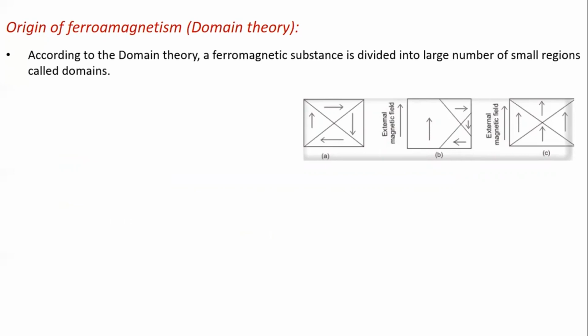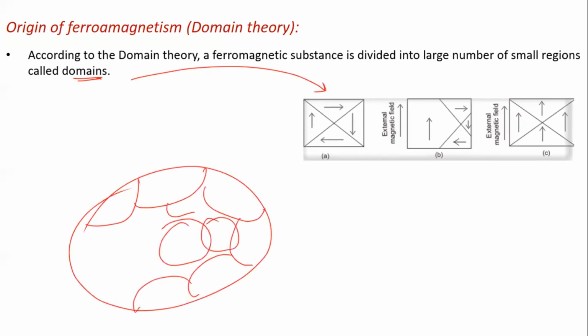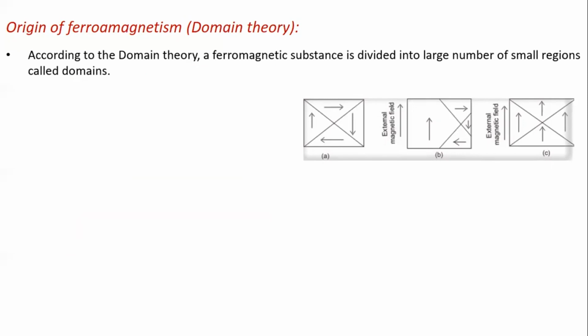All these regions are called domains. You can see a diagram here in which we show 4 domains. This is a ferromagnetic substance, and we can classify it into smaller regions. Every part is called a domain. So a domain means a small region of a ferromagnetic substance.